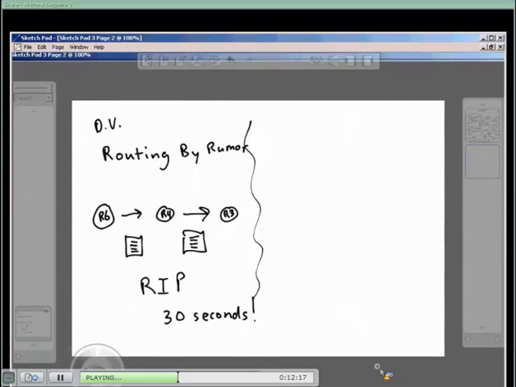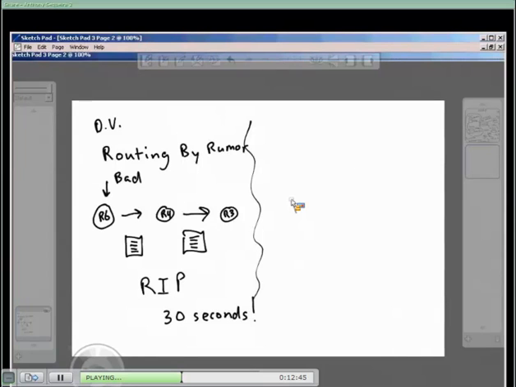And that reminds me of what can happen when we route by rumor here in RIP. If R6 has bad information about a prefix, we notice how quickly that bad information is going to propagate through the environment. The distance vector routing protocols are prone to major problems like routing loops and routing feedback and things of that nature.